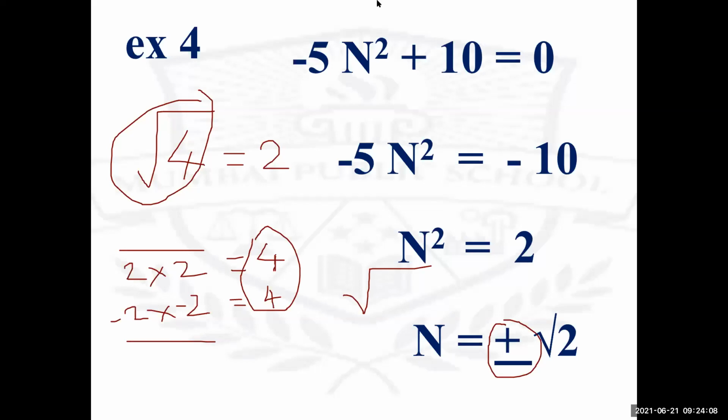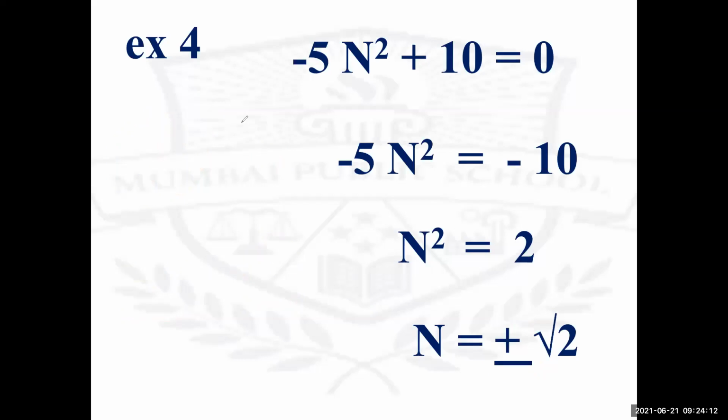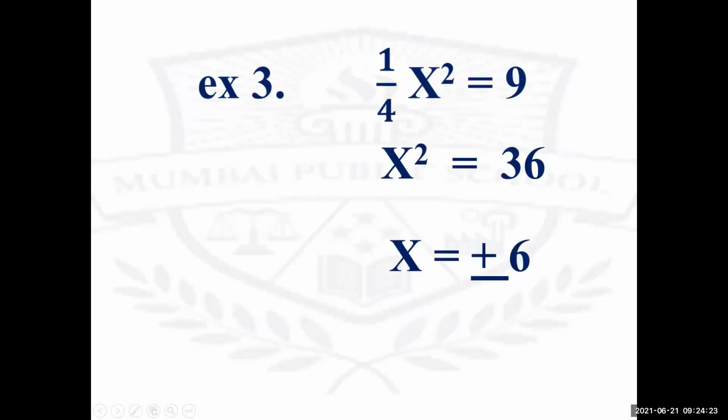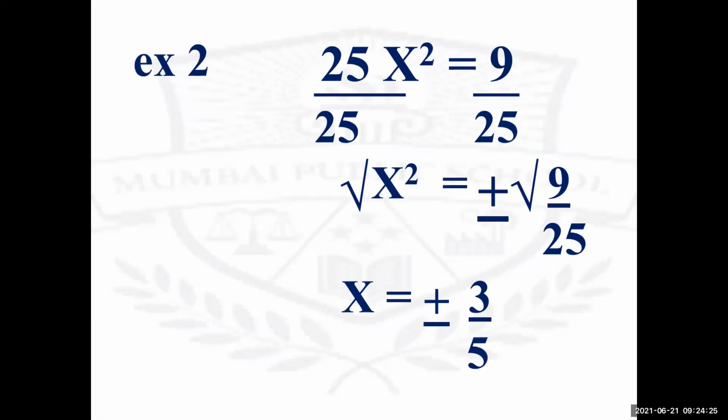In Exercise 2, Example 2, how does 3/5 come? You're talking regarding 3/5, right?